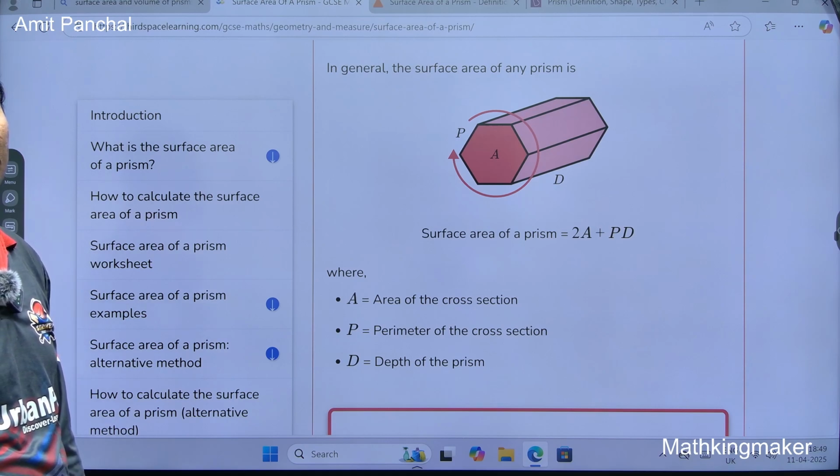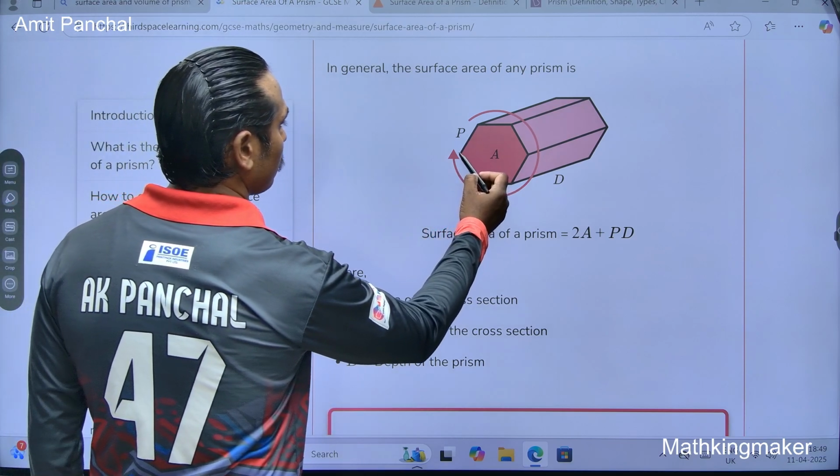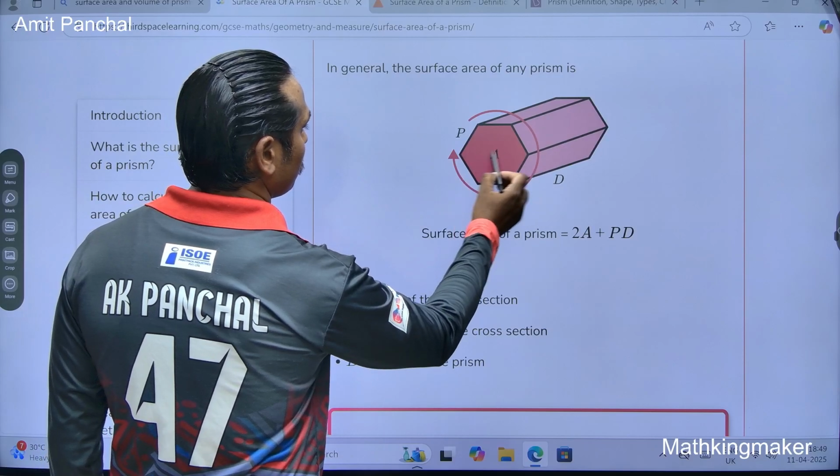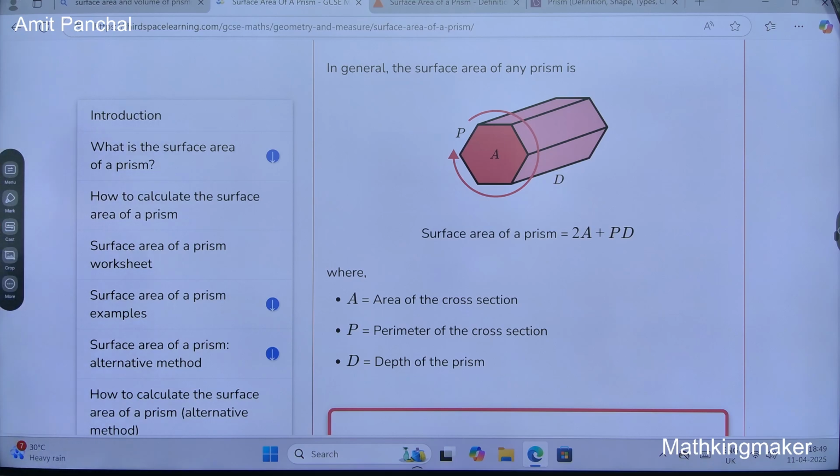You can divide this pentagon into two trapezium. Okay. Just a moment, you can also find the area of the pentagon.